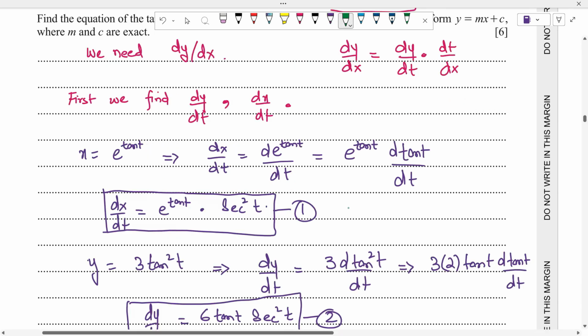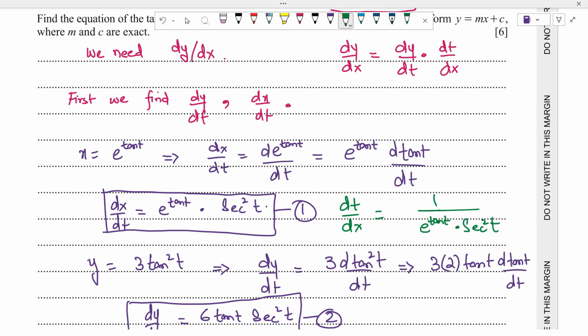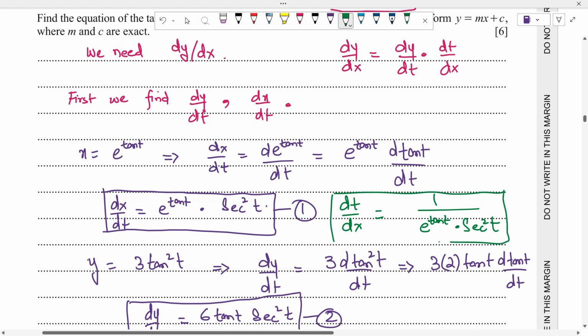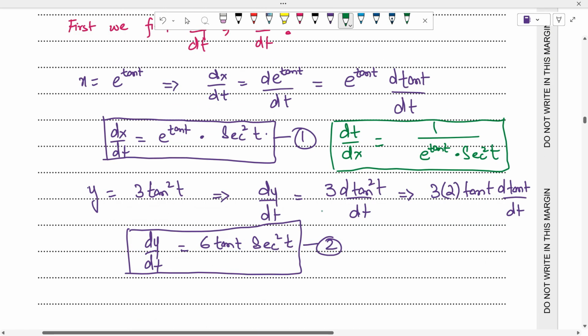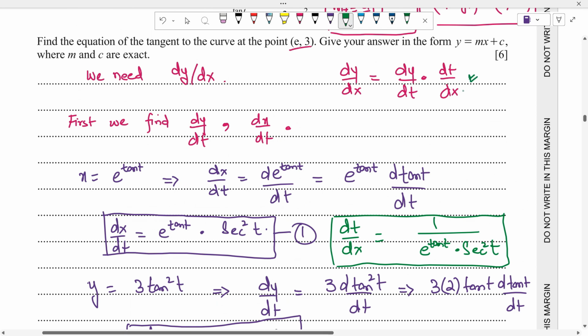From equation 1, dt/dx equals 1 over e to the power of tan t times sec squared t. We will use this and equation 2 to find dy/dx.